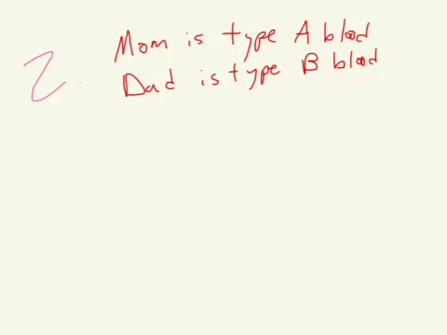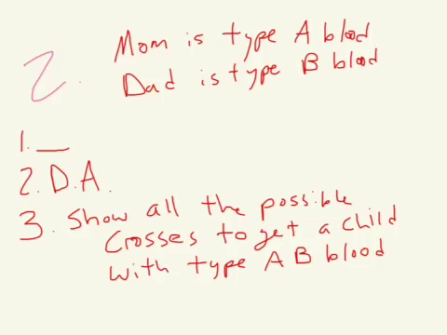It has to do with blood. So mom is type A blood, dad is type B blood. First, you guys should be able to tell me right off the bat what type of problem this is. So that's question 1. 2, we're going to define our alleles. 3, I want you guys to show me all the possible crosses that we can do to get a child with type AB blood.